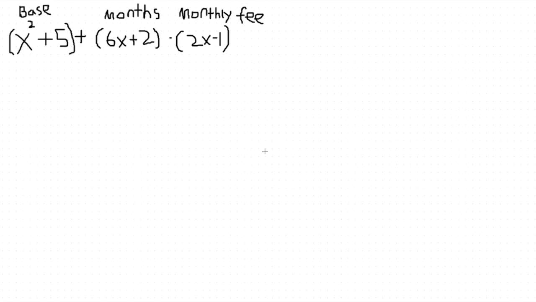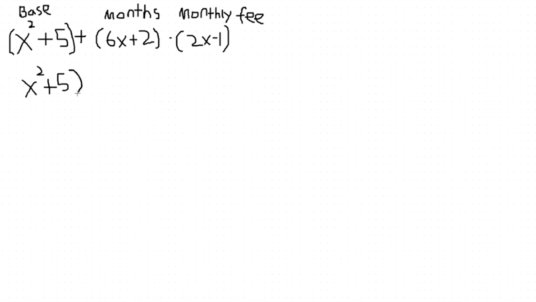So each month they pay 2x minus $1, and they've had the car for 6x plus 2 months. So you just multiply the monthly fee times the number of months, and then you add that product to the base. So to start, we are just going to bring down the base fee. We're not going to do anything with it. It's still in parentheses.